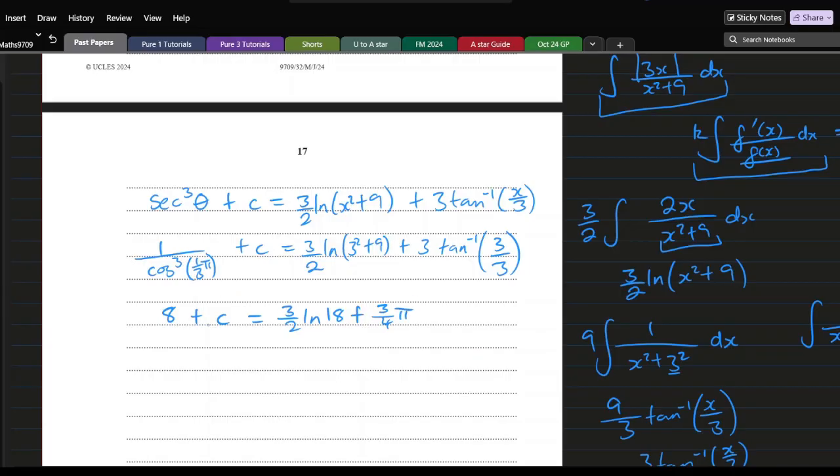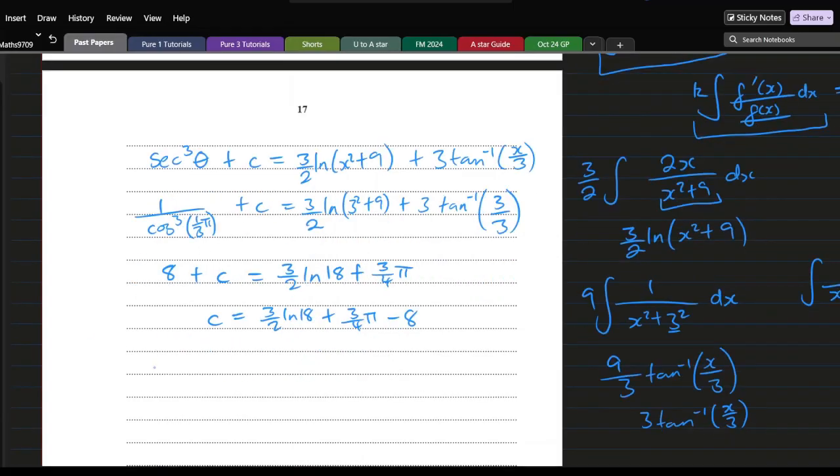So we can say that c is equal to 3 over 2 ln 18 plus 3 over 4 pi minus 8. So our differential equation gives us the solution sec cubed theta plus 3 over 2 ln 18 plus 3 over 4 pi minus 8 is equal to 3 over 2 ln(x squared plus 9) plus 3 arctan of x over 3. Alright, that's a long solution.